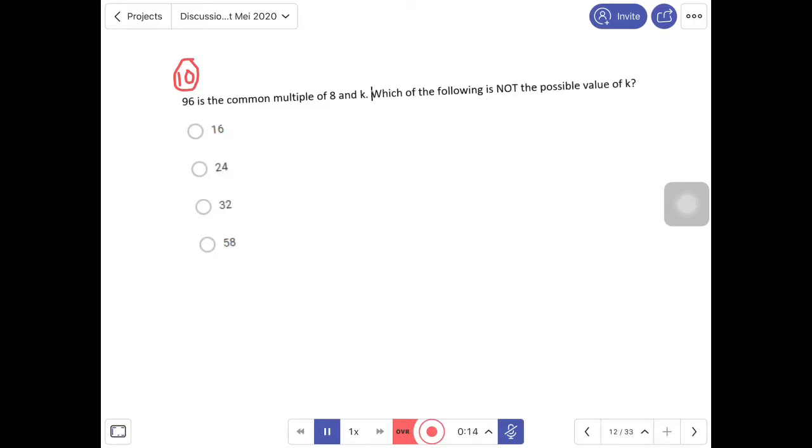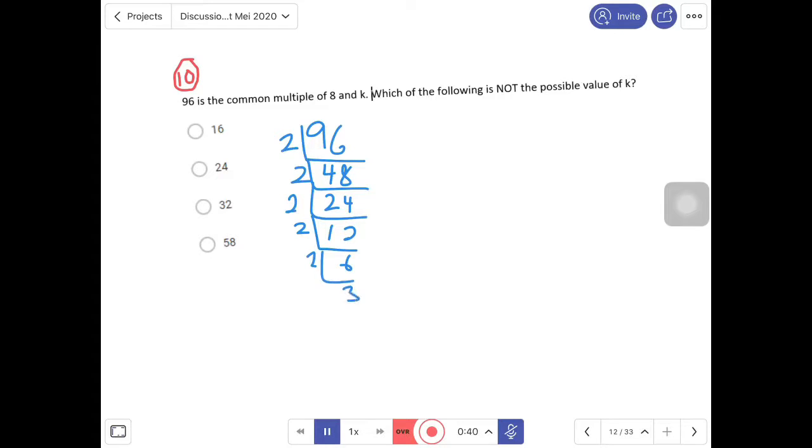So to find the factors of 96, you can do this: we divide with the smallest prime factor, you get 48, divide again, you get 24, divide again, you get 12 until the end. Okay, from this repeated division, not all factors of 96 are listed.